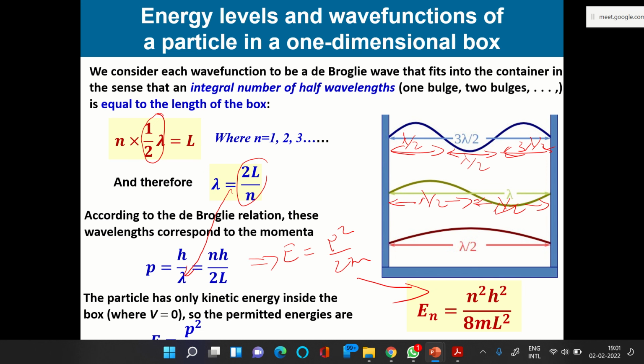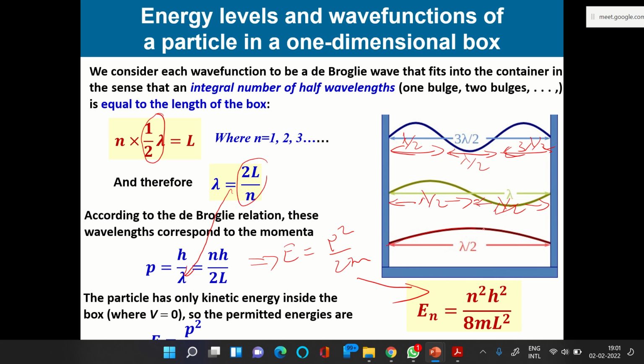Put in the value of p, momentum, and you are there: n square h square by 8 m L square. So see, this was the easiest way to derive the expression of energy for a particle in a box. We simply try to see, starting from the lowest possible first case, that the two ends must be 0.